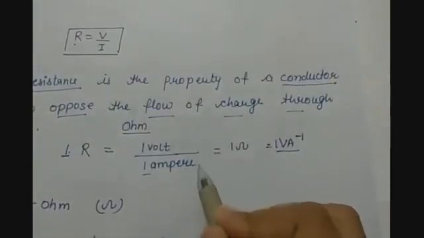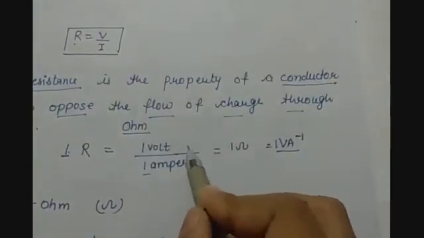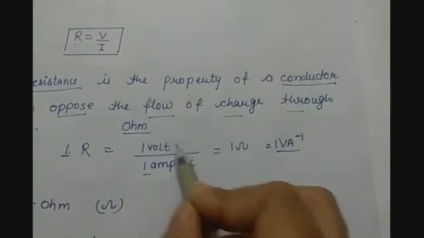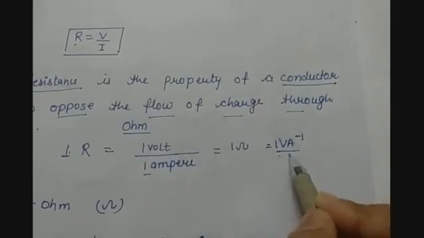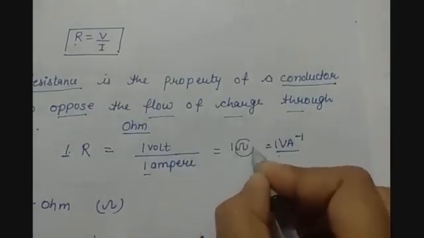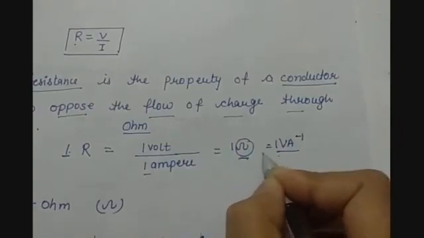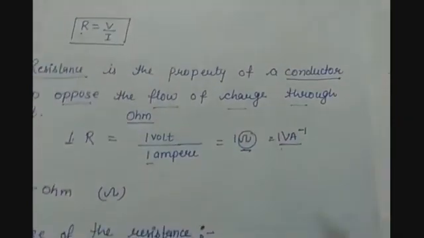So volt is the unit of potential difference, ampere is the unit of current. So volt per ampere, or you can combinedly say it ohm, or this is the symbol to denote ohm.